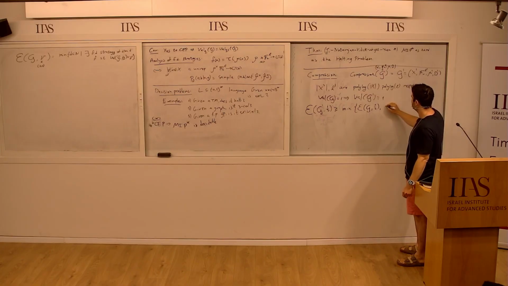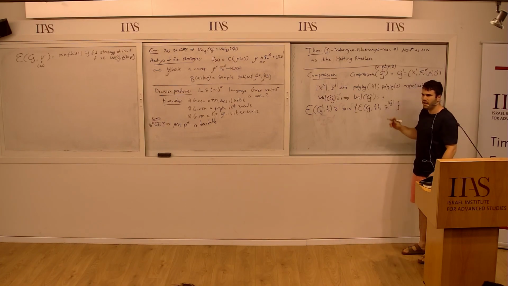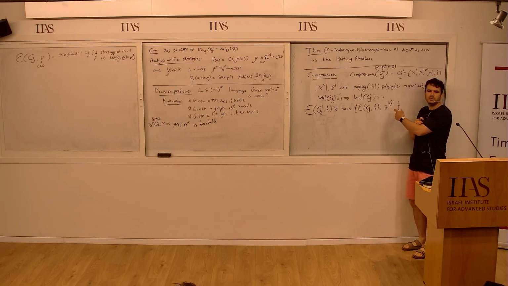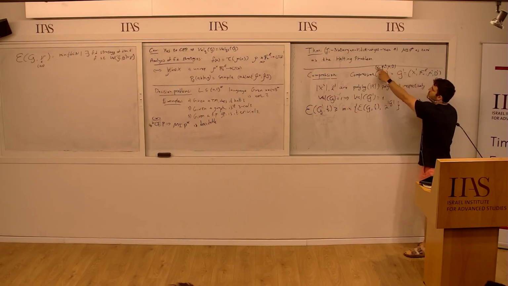So let's just call it 2 to the power of the description of the game G. Remember that we encode our games G as bit strings, so this is just some number associated with how big the original game is. You can also write 2 to the size of the set X, that's also enough.